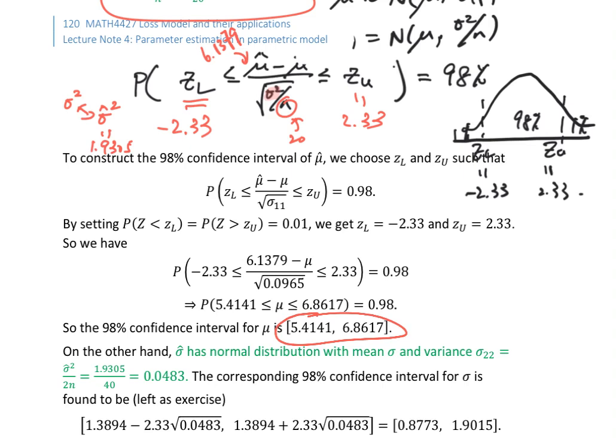Just one thing I need to alert all of you: in order to find the confidence interval for mu, we did an approximation by replacing sigma square by sigma hat square. Mathematically this leads to some estimation error, because this number may not necessarily follow the standard normal. But if your sample size is sufficiently large, it will be approximately normal and the estimation error will be small.